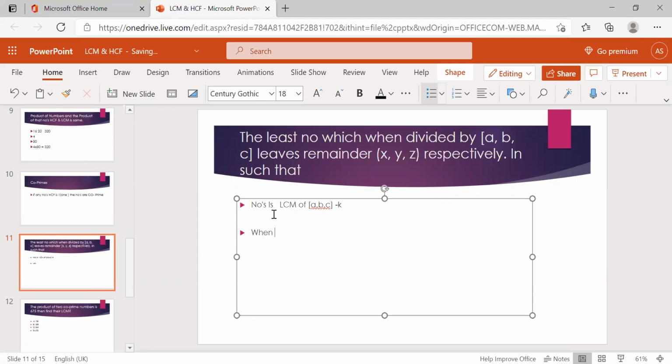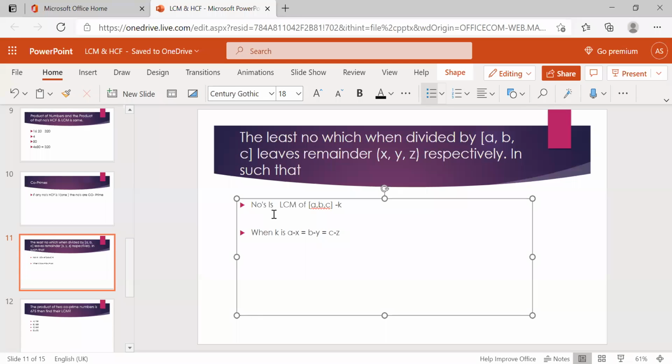K is such that A minus X equals B minus Y equals C minus Z. So when A minus X, B minus Y and C minus Z give the same difference, then the number is the LCM of A, B, C minus K. These are the important points we have to discuss.